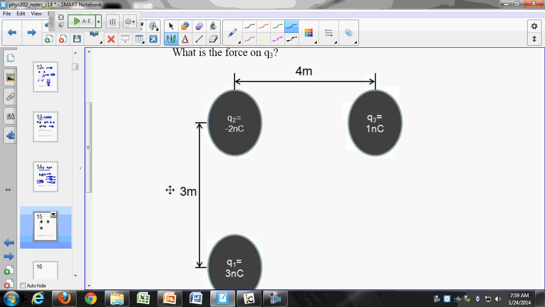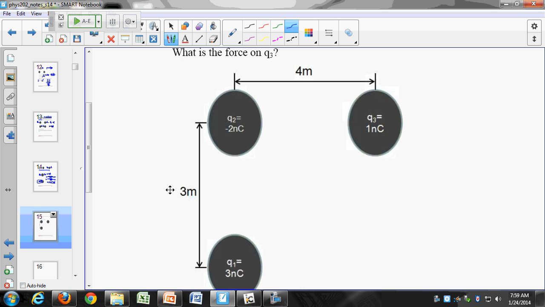All right, so here I have a collection of charges, and I want to know the force on Q3 again. My first step will be just to label all the forces, and then I want to determine the appropriate angles. So how many forces do I have acting on Q3? No, there are 2. I have 3 particles, and so 2 particles are exerting forces onto Q3.